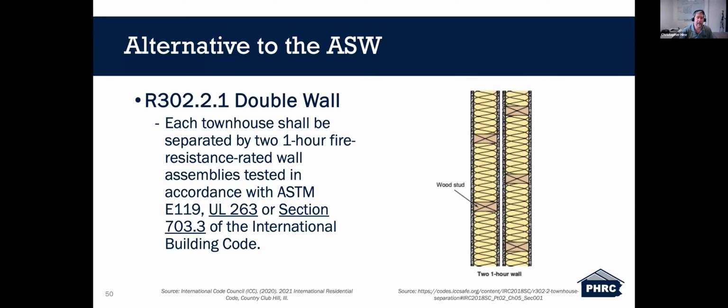So this came into play in 2018, which is the double wall. So you have two independently built 1 hour fire resistant rated wall assemblies that fall within the UL 263 design criteria. So, before, I often looked at this like, this may be very, very difficult to build under traditional construction methods for townhomes.